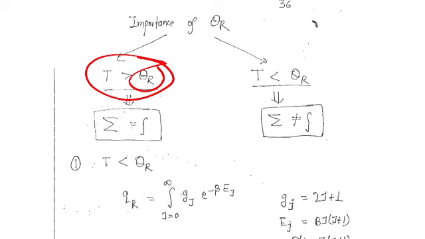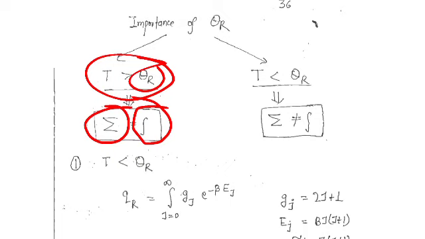All these levels can be accessed, and we can replace the summation with the integral, because we now have a continuous manner and can access any of the states.